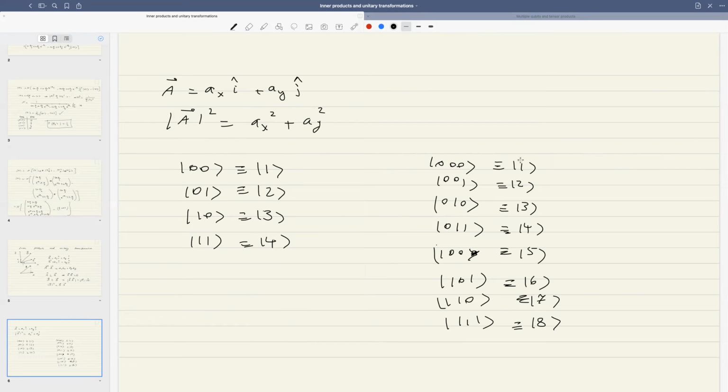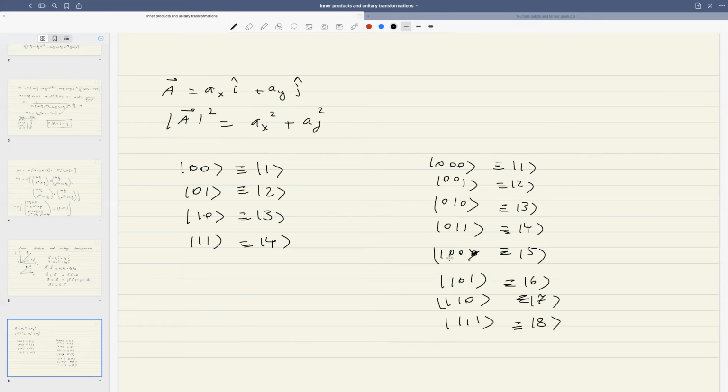You add a 1 to it, that becomes the first state. This 1, 0, 0 is the binary representation of 1, so that becomes 2. 0, 1, 0 is the binary representation of 2, right? It's 0 times 2 to the power 0 plus 1 times 2 to the power 1. So that becomes 2. This is the binary representation of 3, if you read it this way.